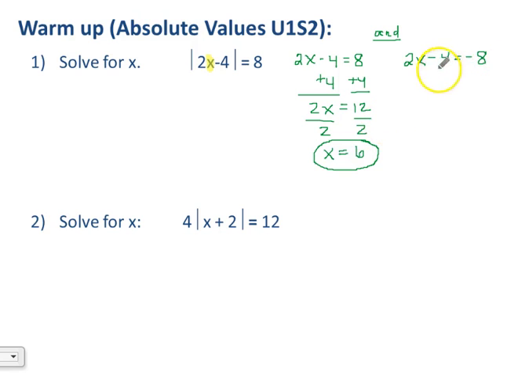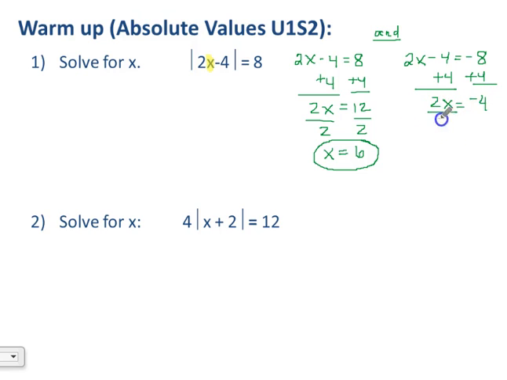Now we're going to do the other equation over here on the right where we've got it set equal to negative 8. And we're going to start the same way here by adding 4 to both sides. And then we have 2x equals negative 8 plus 4, which is negative 4.